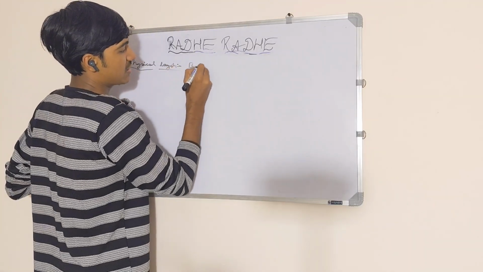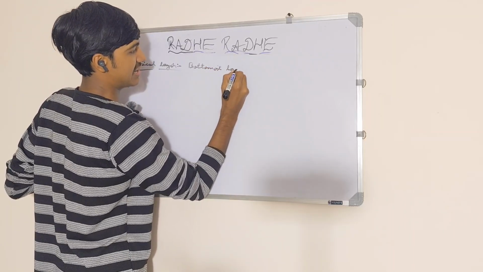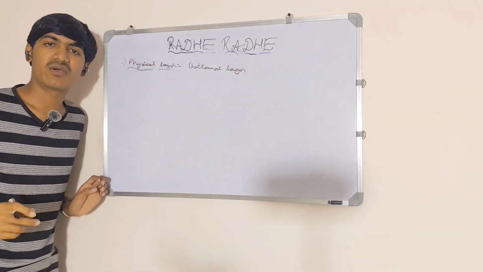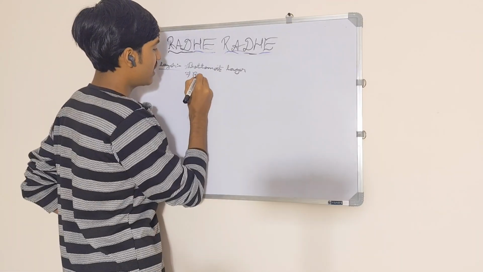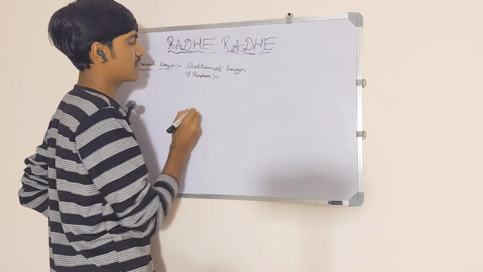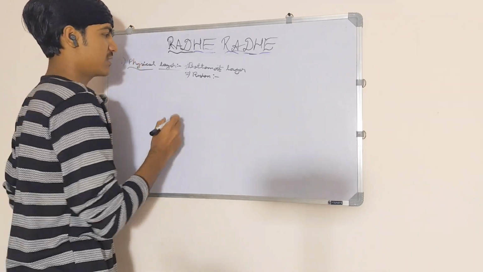Physical layer is the bottommost layer of the OSI model, the first layer from the bottom. What are its responsibilities? It has one responsibility. It's not services, it's responsibility.